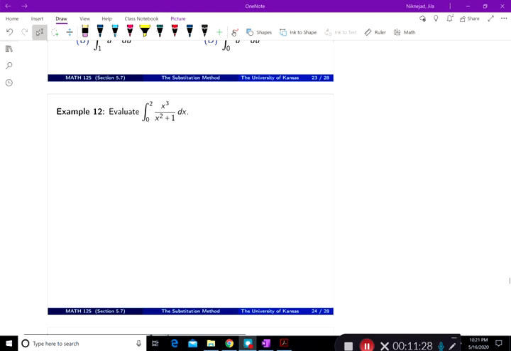So example 12, evaluate the integral from 0 to 2 of x to the third over x squared plus 1 dx. Again, in here I feel like the denominator is something that I want to make a little simpler. So I make u to be x squared plus 1. And then du is going to be 2x dx.